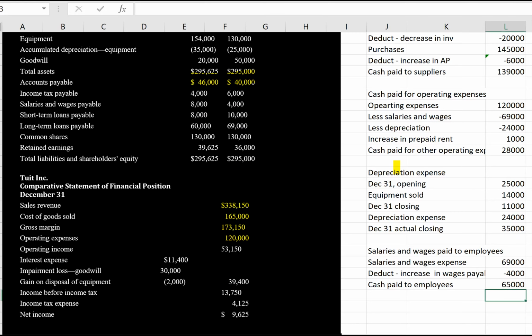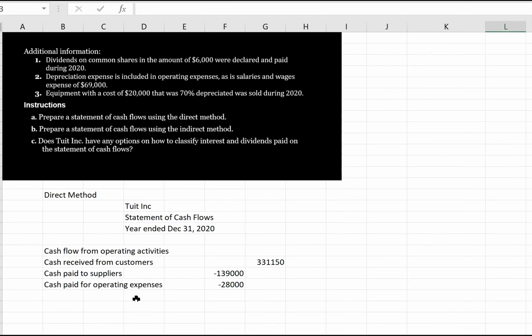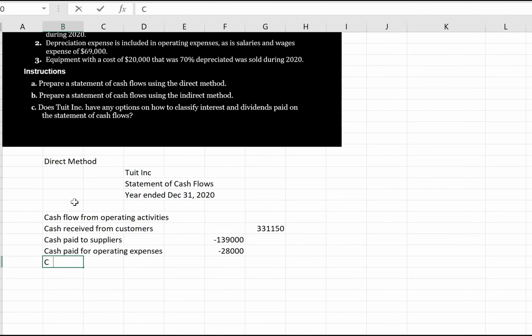Some of it is going to be paid out in the next period, and we're only concerned with cash outflows from this period. So we've deducted that change, and now we've got our cash paid to employees of $65,000, which we can bring down into our cash flow statement down here.